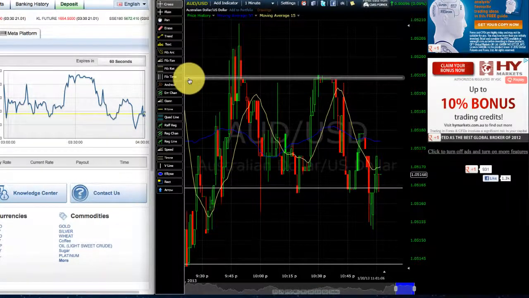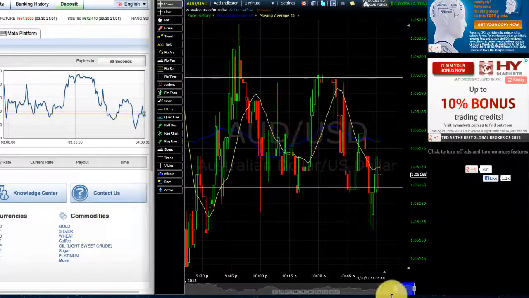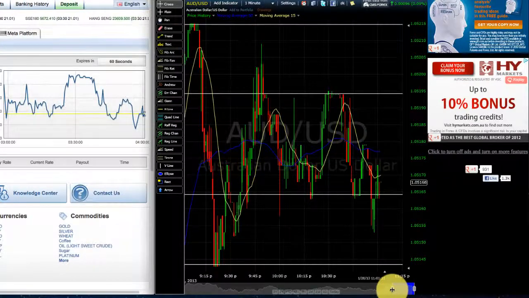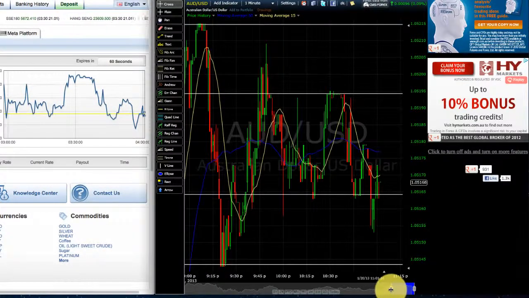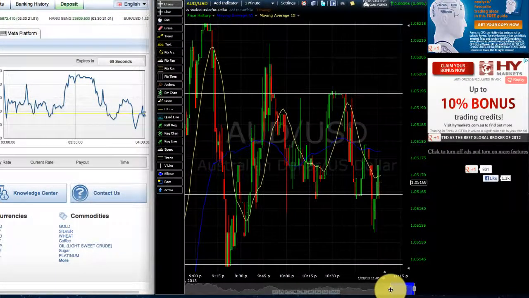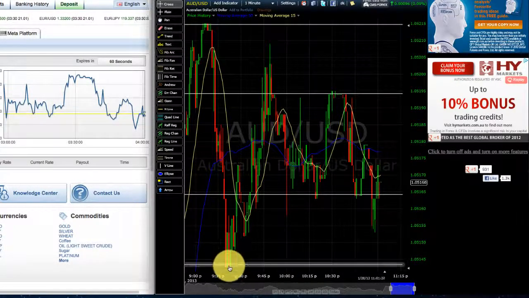Also here I've put in some resistance and support lines. If you don't know what these are, I suggest you check my site in the guide section where you can find a bit more information about what support and resistance lines are. Basically it's where the price doesn't seem to be able to punch through that particular price.